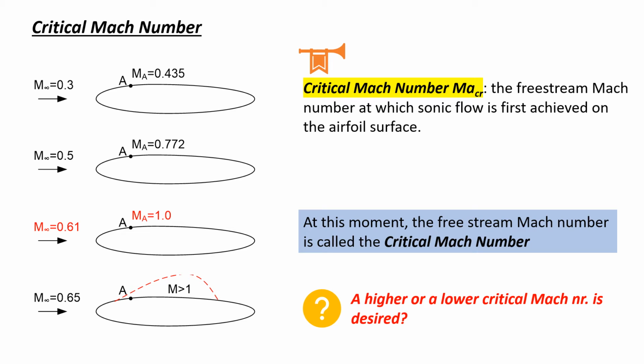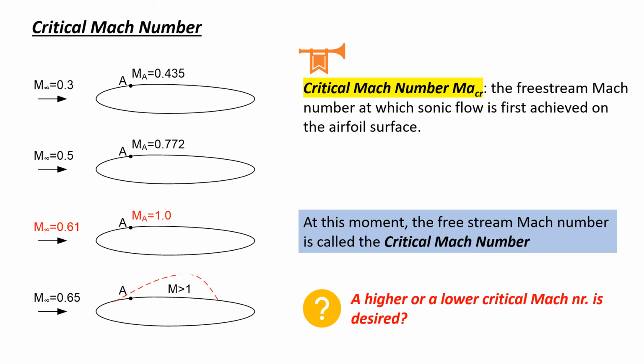For example, for this aerofoil, the critical Mach number is 0.61. If we can delay it to 0.7-something, then the appearance of supersonic flow will be delayed. Then the drag increase will also be delayed.